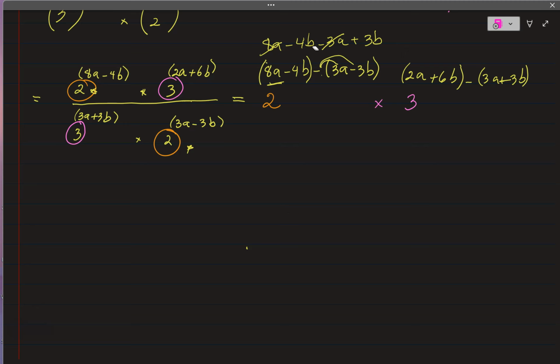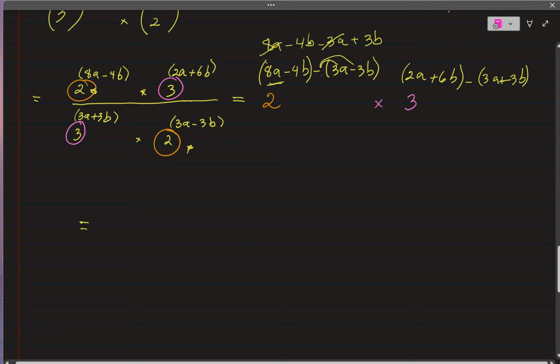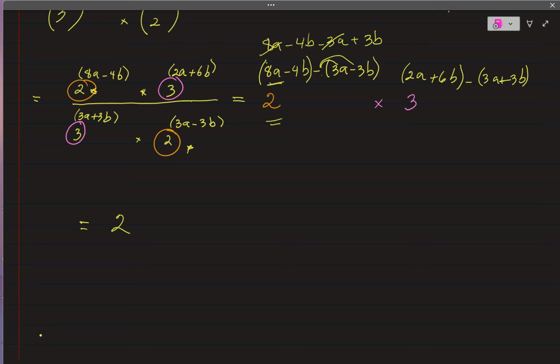Now we're going to go ahead and simplify. Let's deal with the 2 first. So that would be 2, and then on top I've expanded that already. So we have 5a minus b when we expand it and simplify like terms, and then times 3, and then we do the same thing here. This would be 2a plus 6b minus 3a plus 3b.